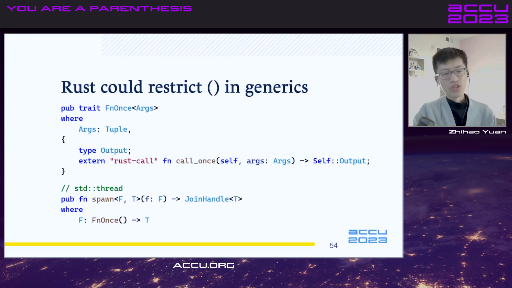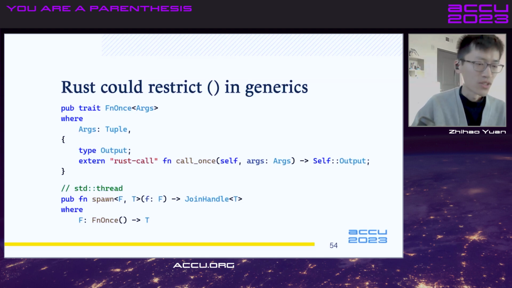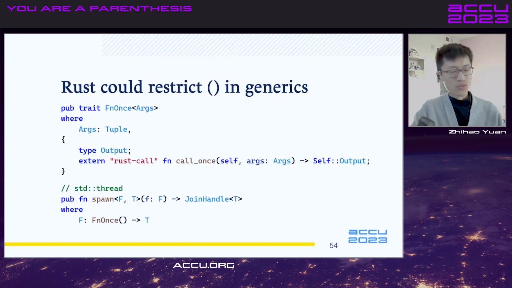What showed on the screen is how actual Rust code looks in the standard library, where you have traits. You have three traits: FnOnce, Fn, and FnMut. FnMut says this function can be called multiple times, but may change its own state. Fn may be called multiple times, but it cannot change its own state. In the thread's case, it only needs FnOnce.